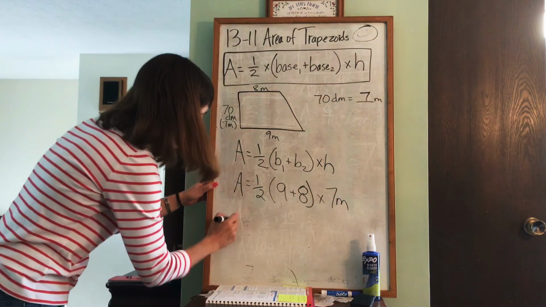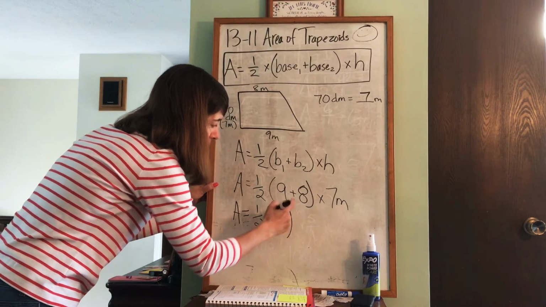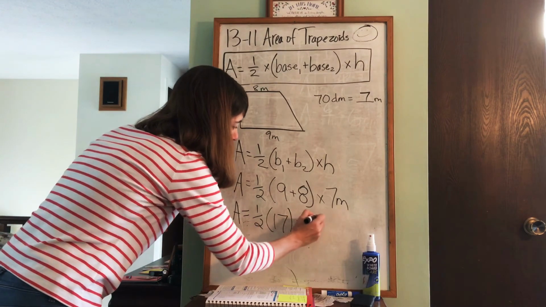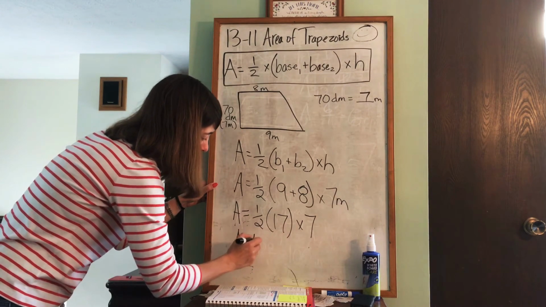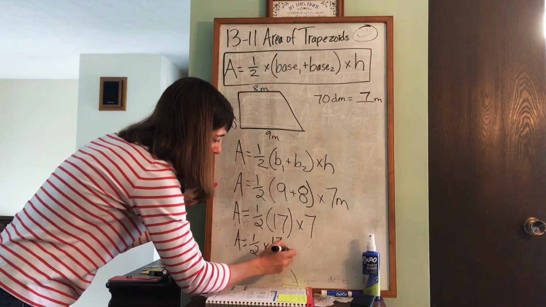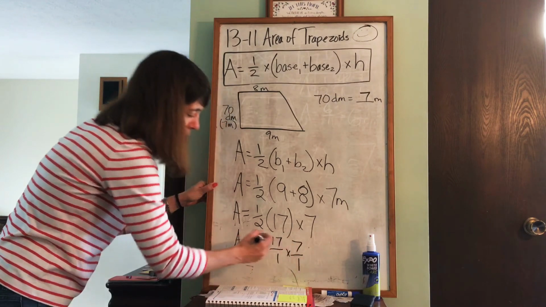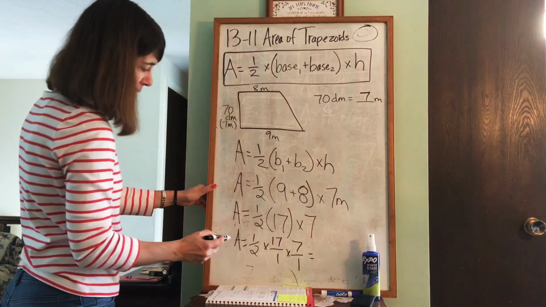All right, so we've got area equals 1/2 times 17 is what this adds up to, times 7. We're going to put all the whole numbers over 1, as we did last time. Half times 17 over 1 times 7 over 1. We can't simplify there, so we're just going to have to multiply it out and then simplify.